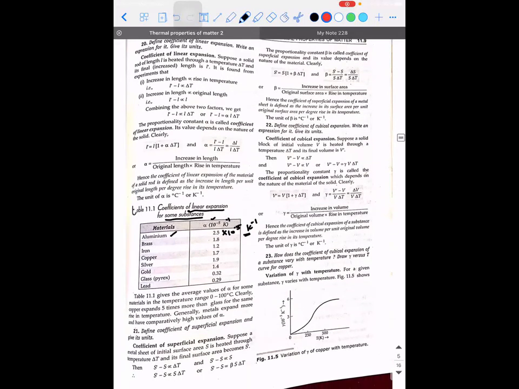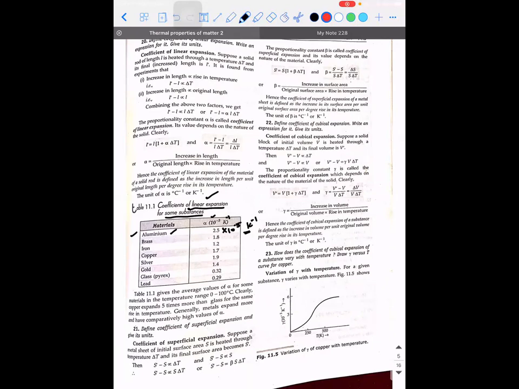This 10 power minus 5 means almost 5 zeros before the non-zero digit starts, which is going to be a very small number, right? Are you able to understand what I'm trying to say? Whether you talk about coefficient of linear expansion, superficial expansion or cubical expansion, all these values are going to be very, very small.